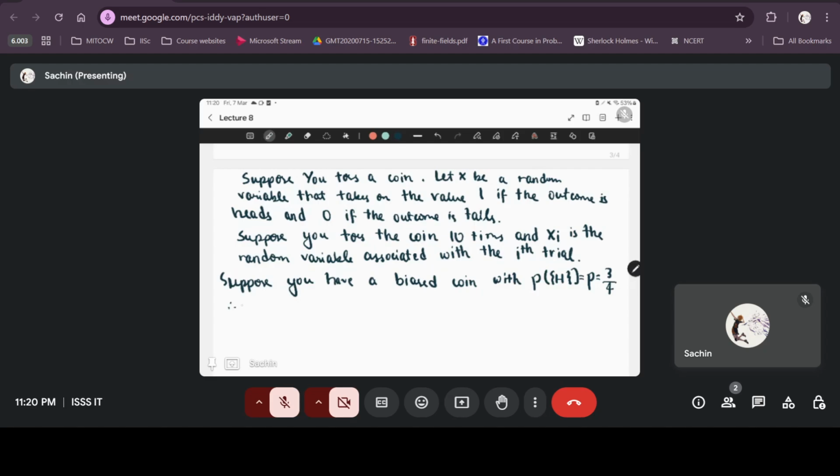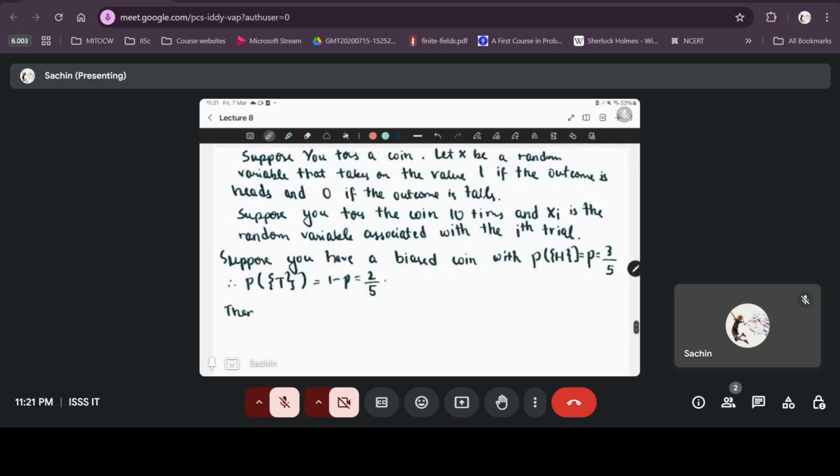The probability that tails occurs is 1 minus P, which is 1 over 4. Or let's say this is 3 over 5, and this is 2 over 5.